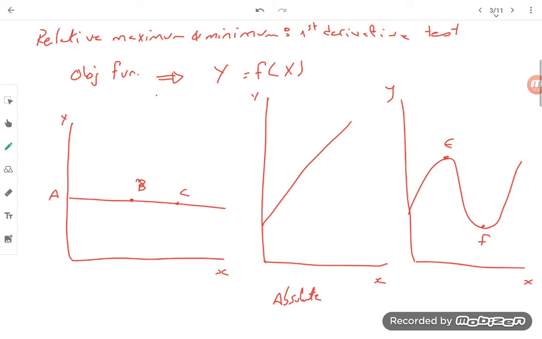From this figure, we can notice that before the maximum point, the curve is increasing, so it is a positive relationship, while after this point, the curve decreases, so it is a negative relationship. The opposite is the case for the minimum point: first it decreases, and after reaching the minimum point, it increases.